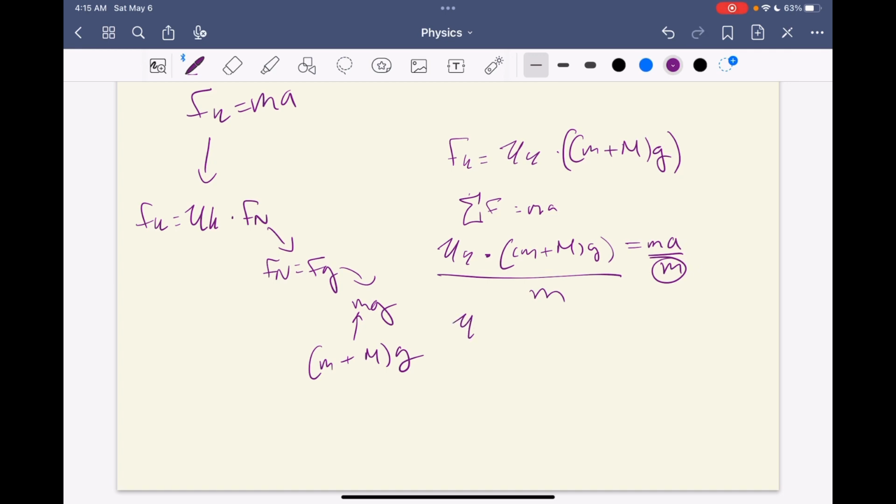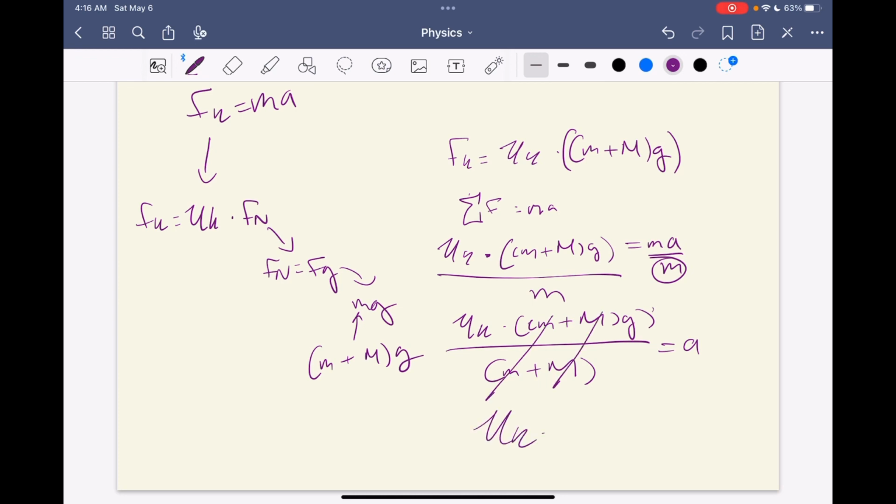So it would be mu k times (m plus M) g, divided by (m plus M), equals a. And these cancel out, so we're left with mu k times g equals a. And that is our expression.